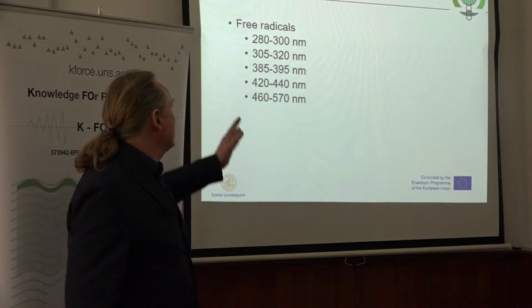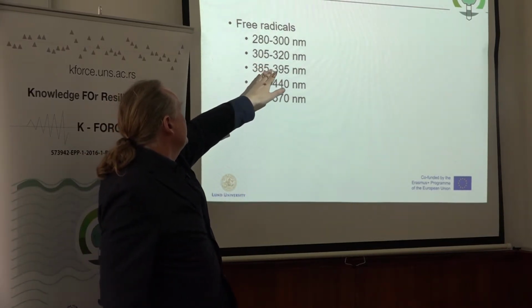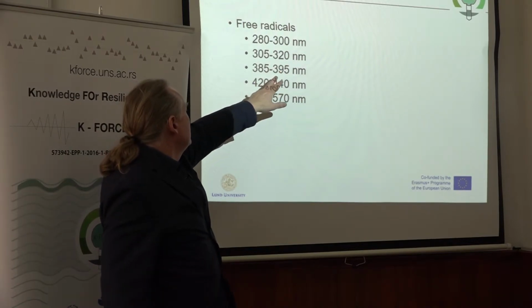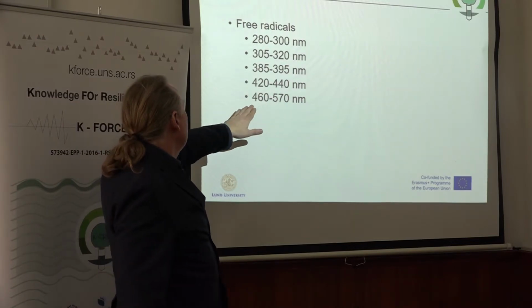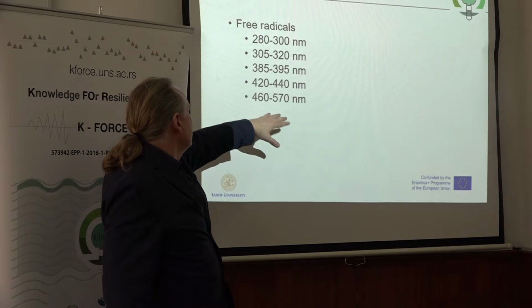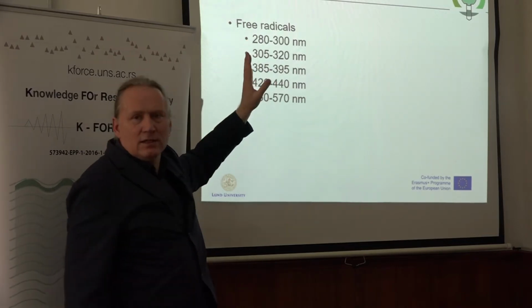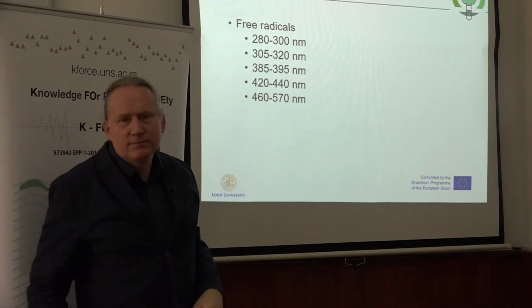These wavelengths are given from 280 to 300 nanometers, 305 to 320 nanometers, 385 to 395, 420 to 440, and 460 to 570. So some of this range is within the ultraviolet range, and some is within the visible light range.